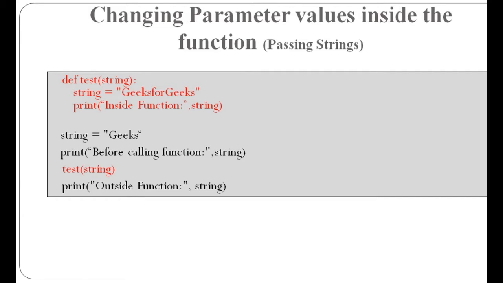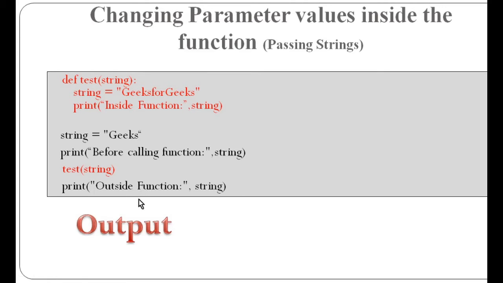Can we change the parameter values inside the function? Now I have given an example where I am passing a string. So this is the function test string, and I am assigning some value for this string, and then I am trying to print that. Then in the main program I have string gx, and I am printing that string, calling the function and then printing it.